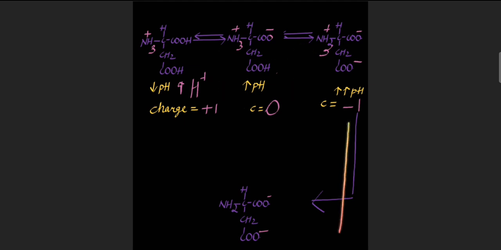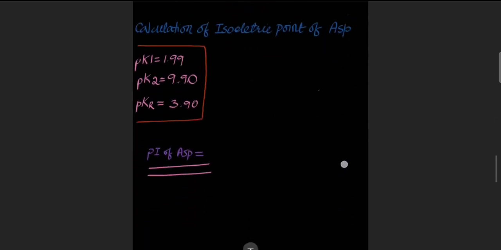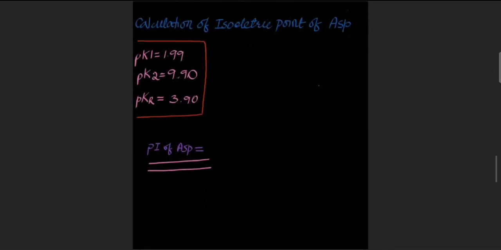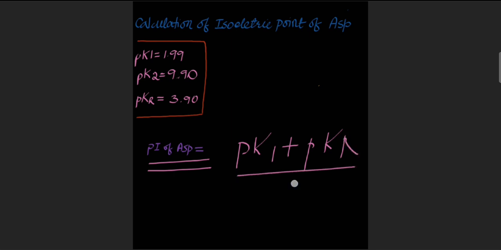So let us take now the isoelectric point. As I told you, I'll be taking pKa₁ plus pKa, and then I'll divide it by 2, right? So let us see how much it will be.